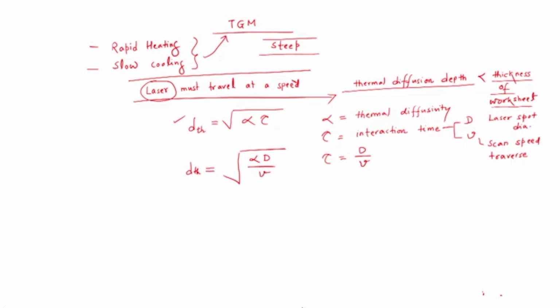And as we have seen, our condition is that D_TH has to be less than S0, that is the thickness of the worksheet. So, here I can write root of alpha d divided by v should be less than S0.